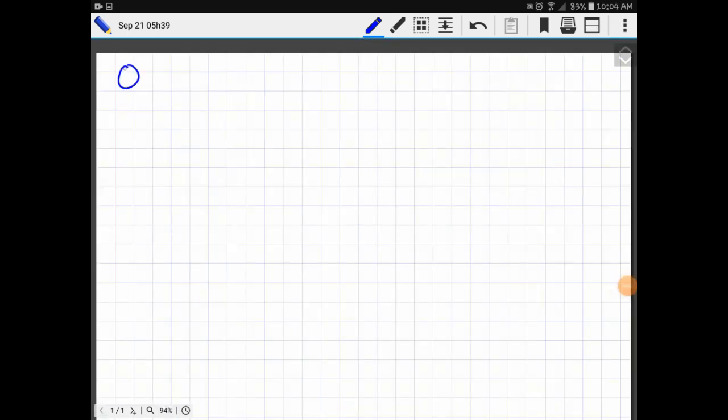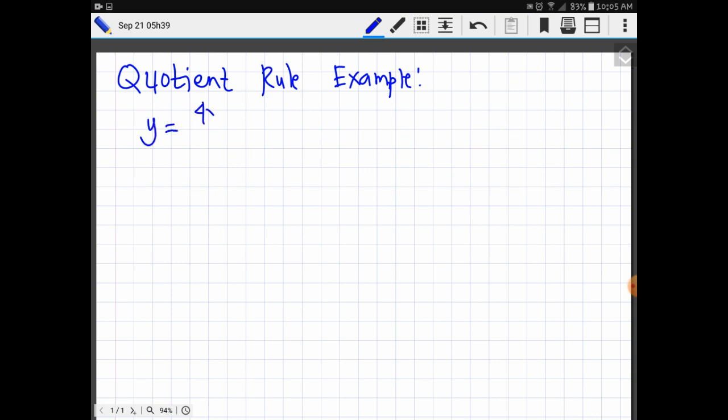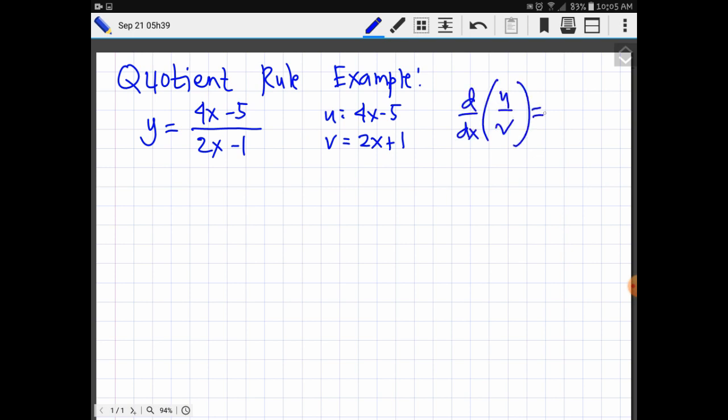For the example for the quotient rule, if we have y is equals to 4x minus 5 all over 2x plus 1. Our u here would be 4x minus 5, and our v is equals to 2x plus 1. According to our formula, we are going to use d over dx of u over v, which would be equals to v du over dx minus u dv over dx all over v squared.